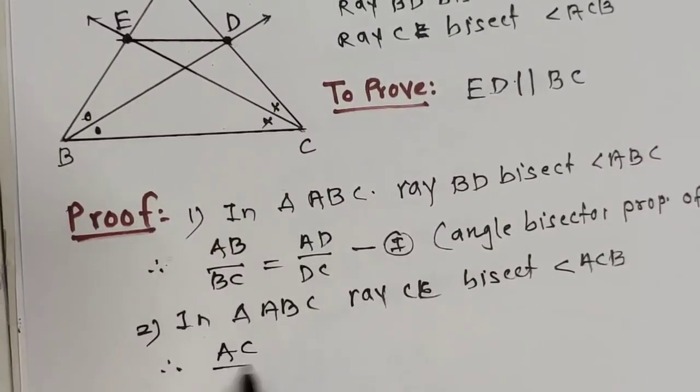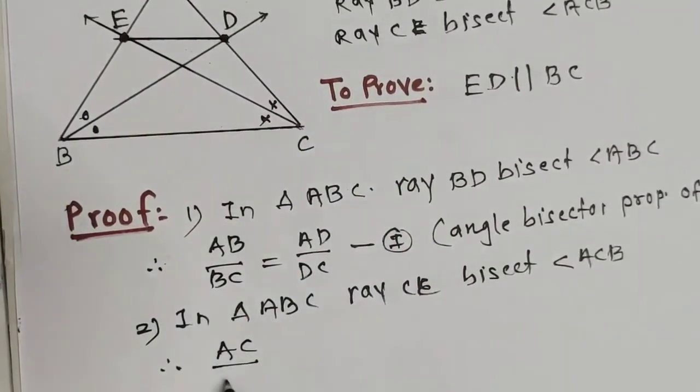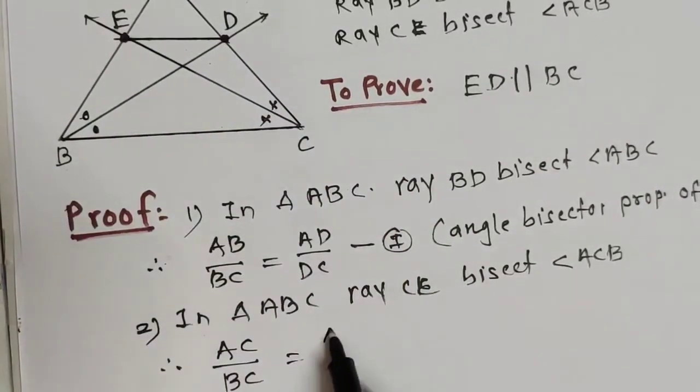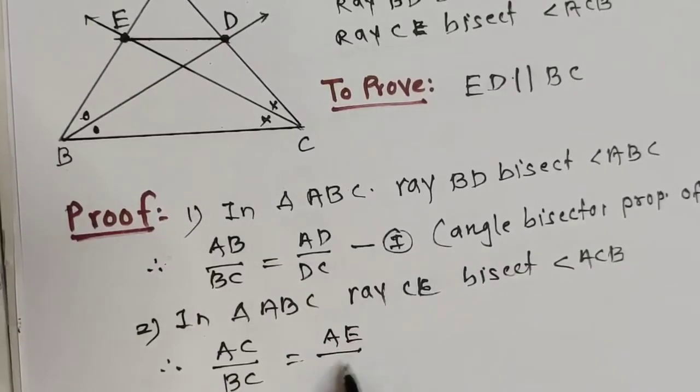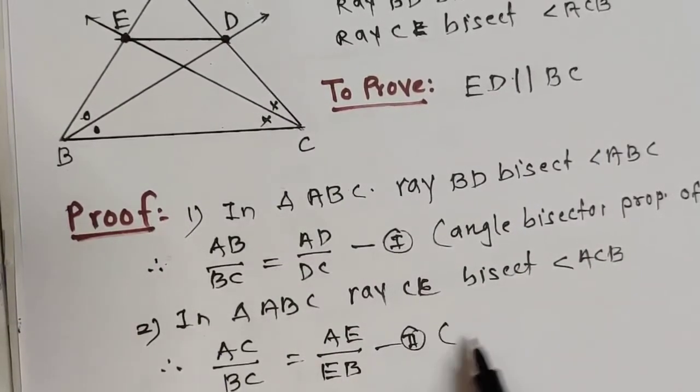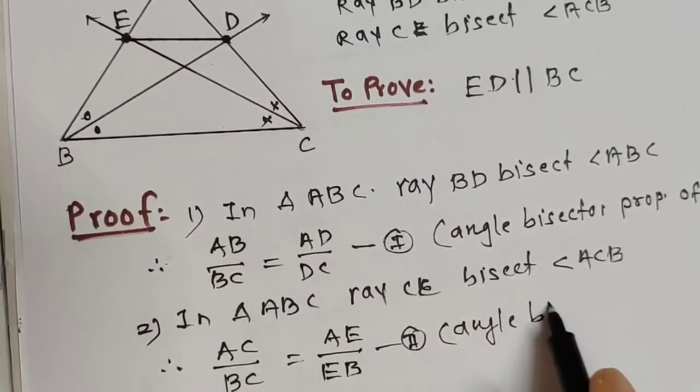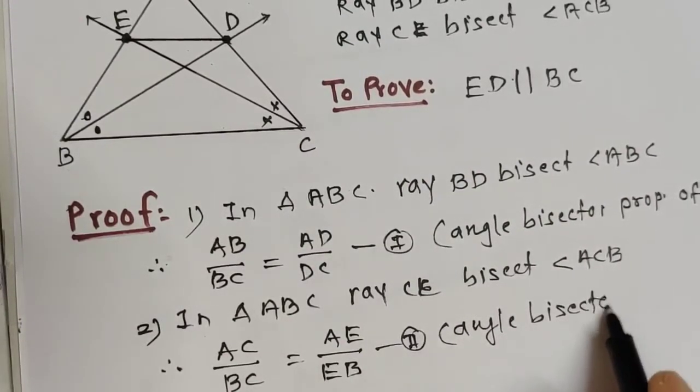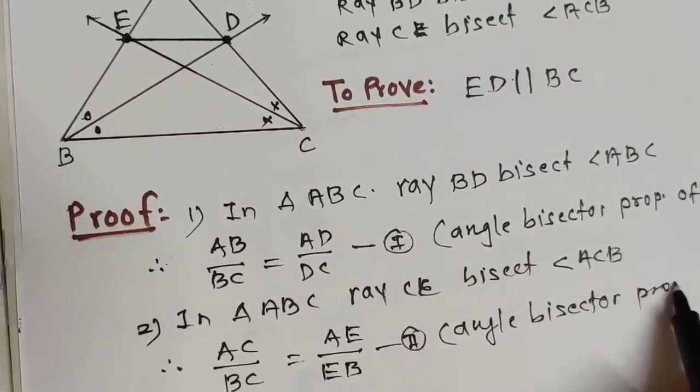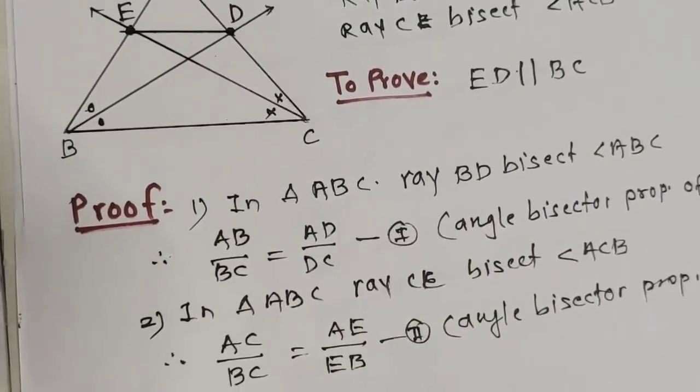AC upon BC is equal to AE upon EB. This is second. Same reason, angle bisector property of triangle.